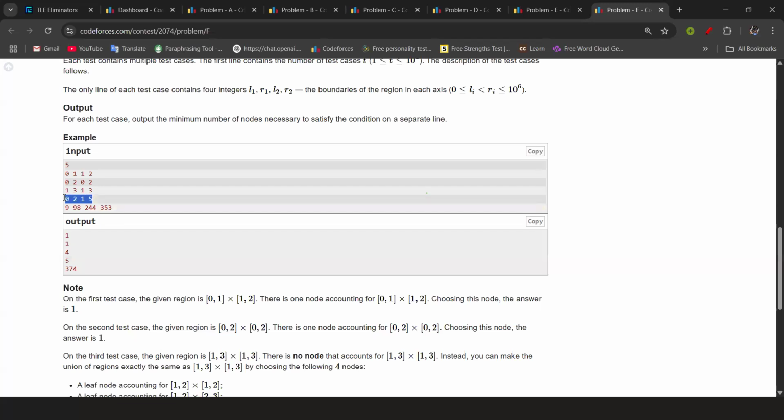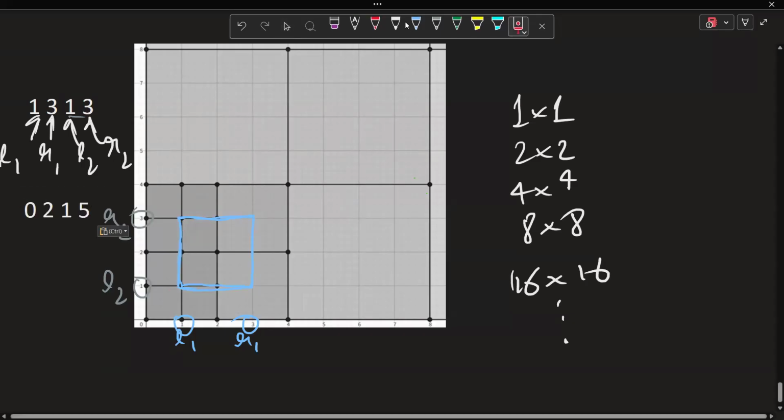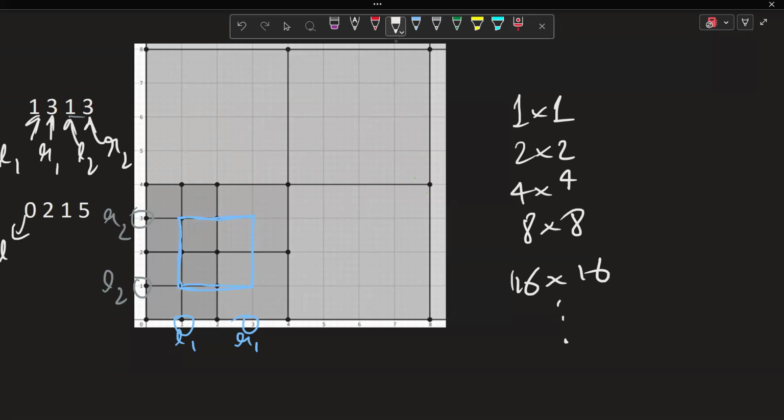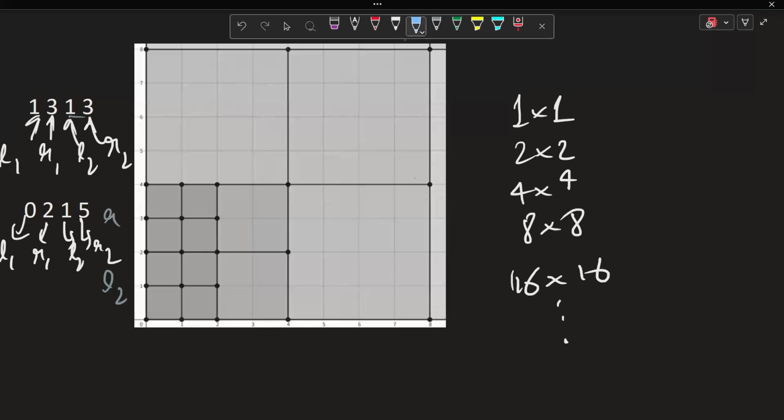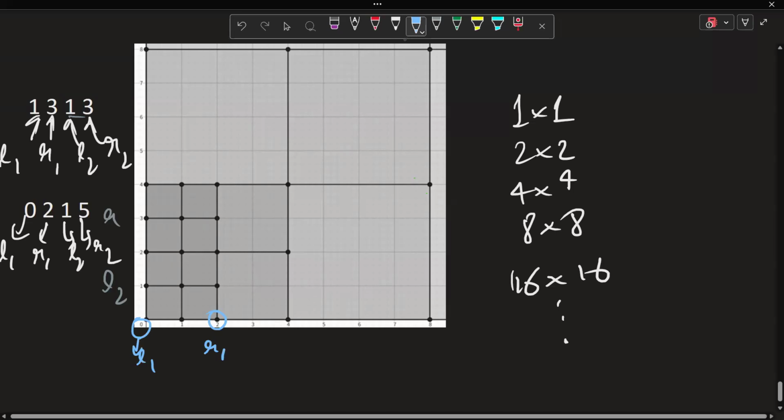Let's consider this test case. Here this is your L1 R1, this is your L2 R2. For this test case, if you look, L1 R1 is 0 to 2, and L2 R2 is 1 to 5.